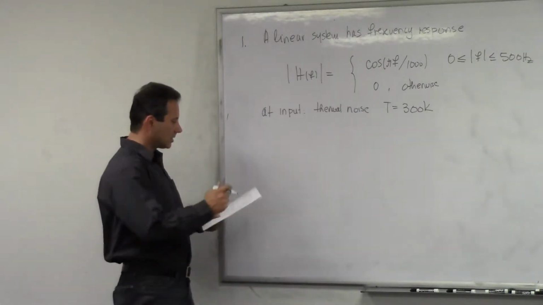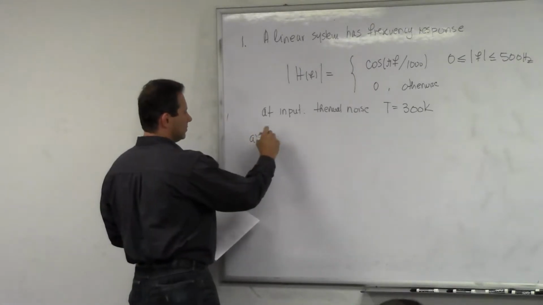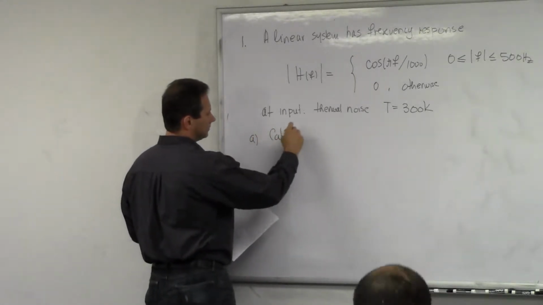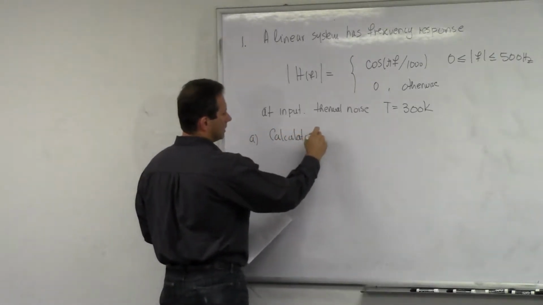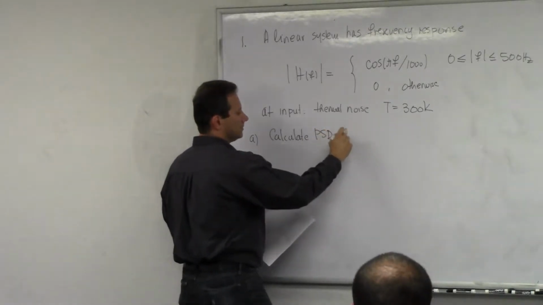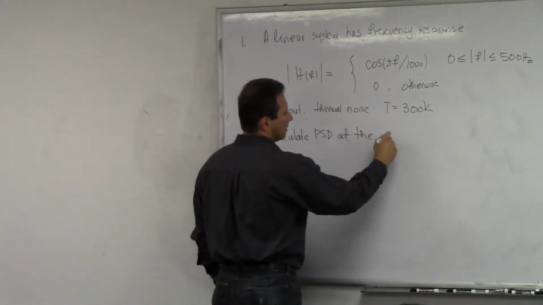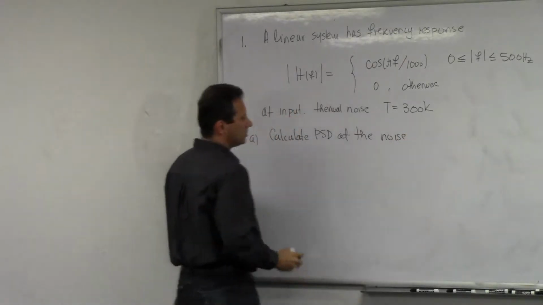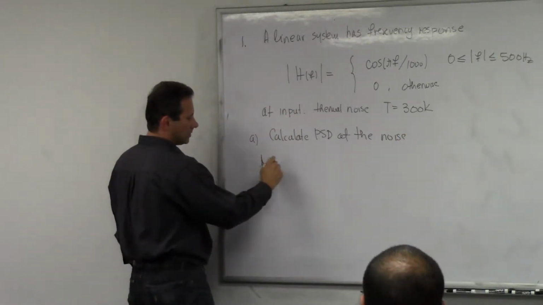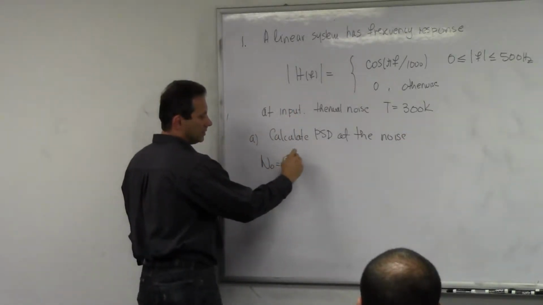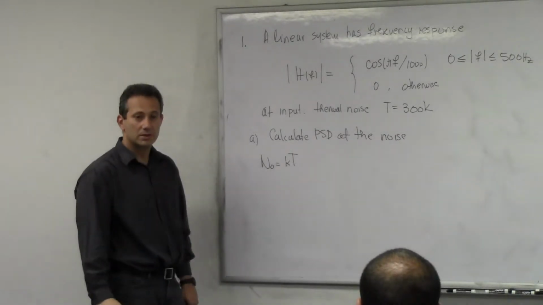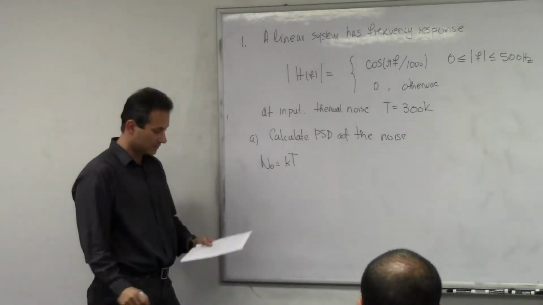It says here, calculate the power spectral density of the noise. What's the power spectral density of the noise? N0 is equal to kT, right? Where k is Boltzmann's constant, and T is the temperature expressed in kelvins.